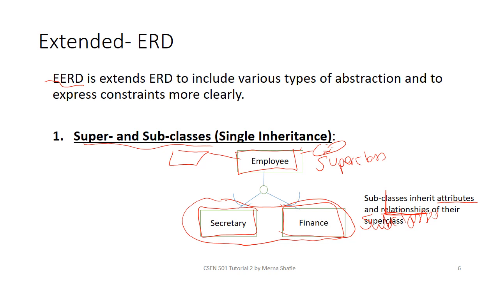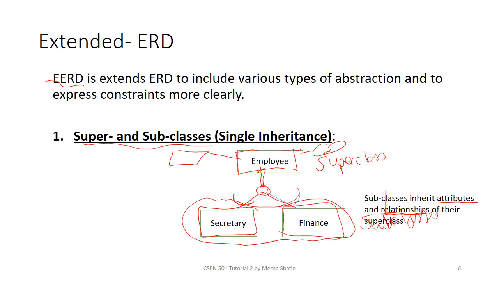Now, there are several things that we need to take care of while drawing super and subclasses. First thing is the following: we always have a circle in the middle and all subclasses are connected to this circle. The superclass is connected with exactly one line from upwards. That upward line tells us that this is the superclass and these are the subclasses. So we don't get confused, what should we do? We will draw this cup.